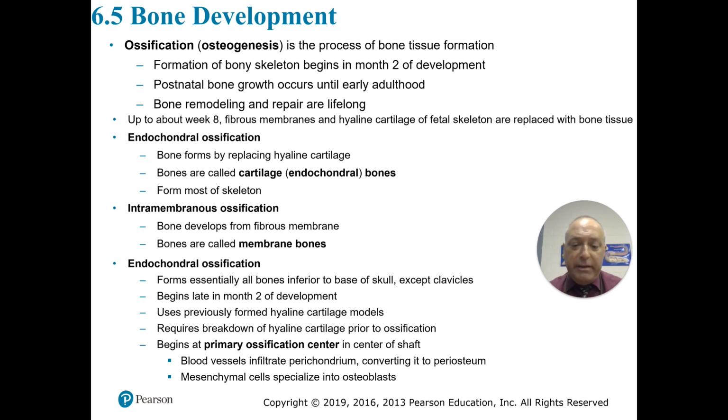It requires the breakdown of hyaline cartilage prior to ossification. And it begins at primary ossification centers of the shaft, where you have blood vessels that have infiltrated the perichondrium, converting it to periosteum, as well as mesenchymal cells that differentiate into osteoblasts.